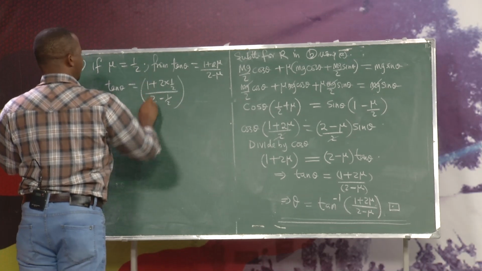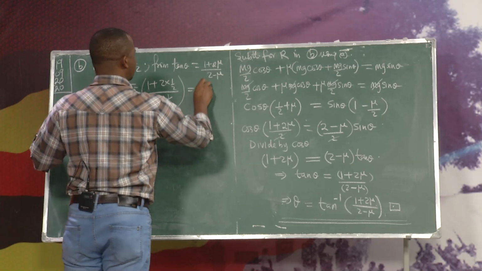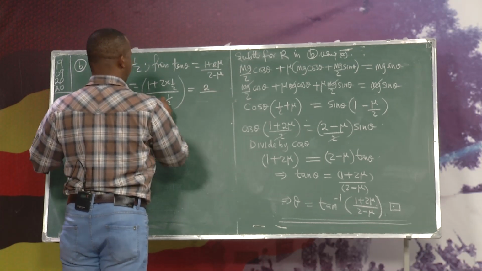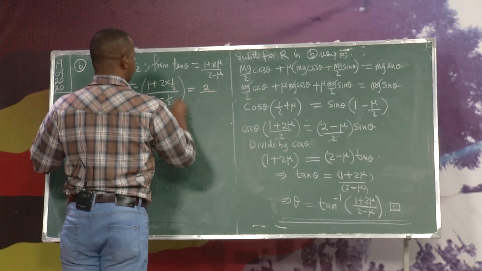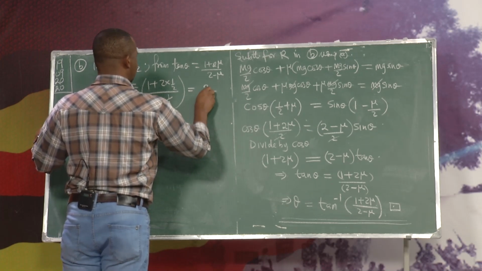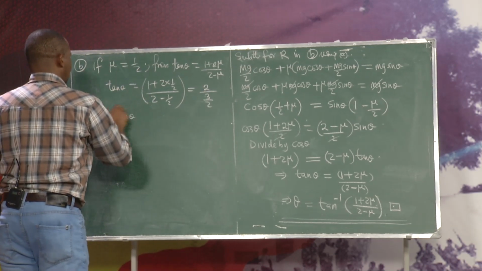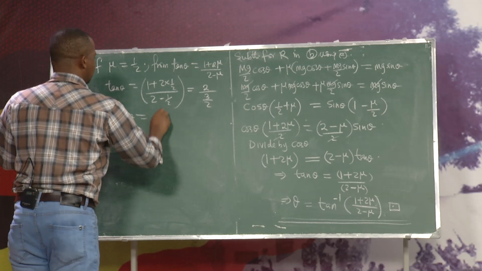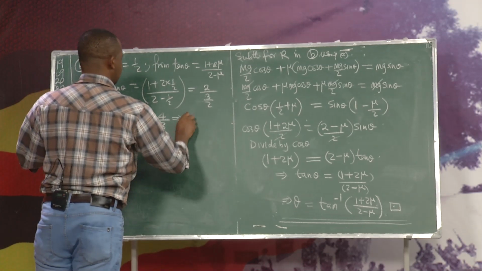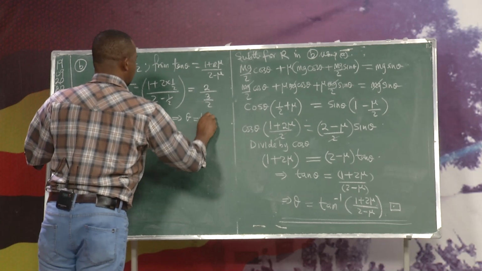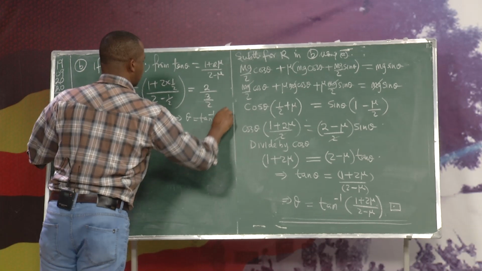And if we simplify this, we have 2 over 3 over 2. So the tan of theta is actually 4 out of 3 if we do the mathematics, which implies that theta is actually the tan inverse of 4 out of 3.